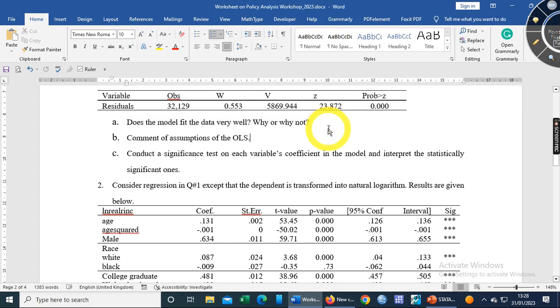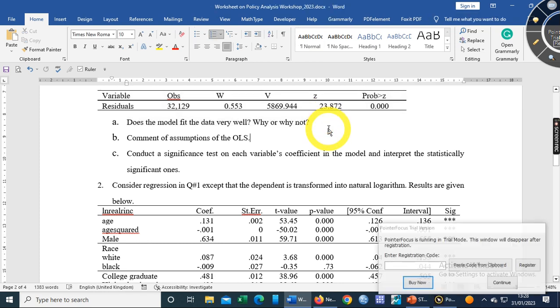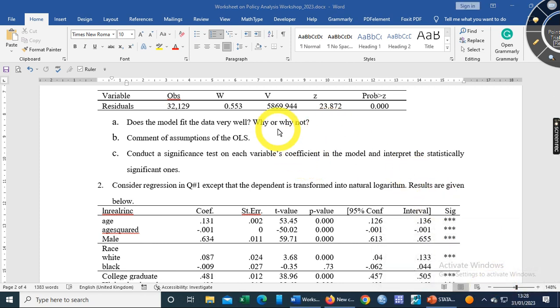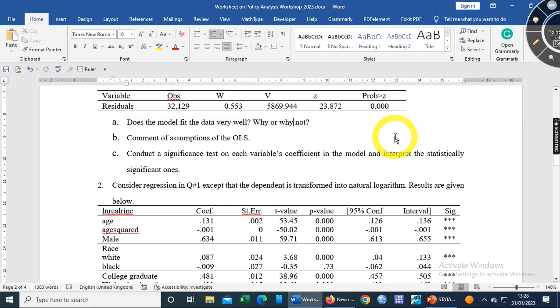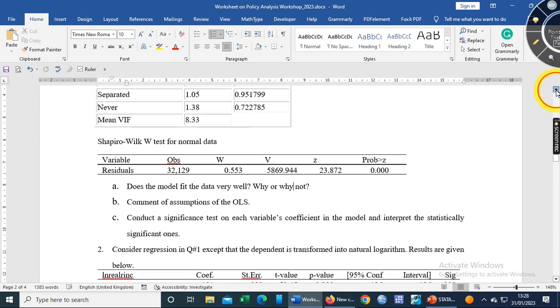Having this in mind, we are asked to judge the goodness of fit of the model. Does the model fit the data very well? If your answer is yes, why? If not, why not?